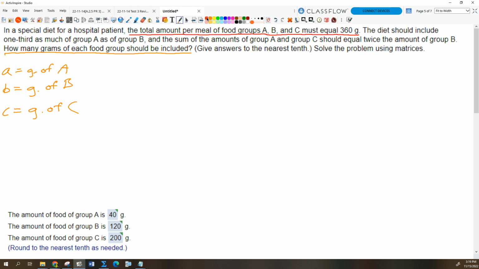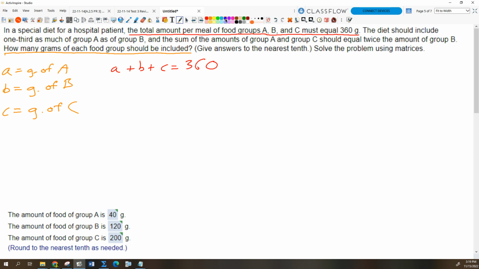A is grams of A, B is grams of B, C is grams of C. The total amount per meal of food groups A, B, and C must equal 360 grams. There you go. So we got one equation. The red equation would be A plus B plus C equals 360. Okay? What else can we come up with here?